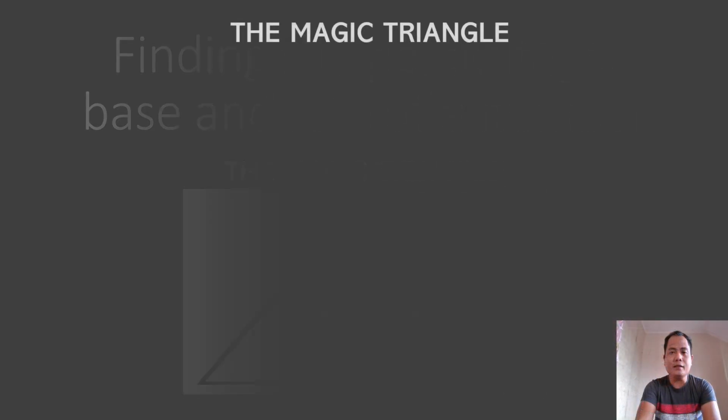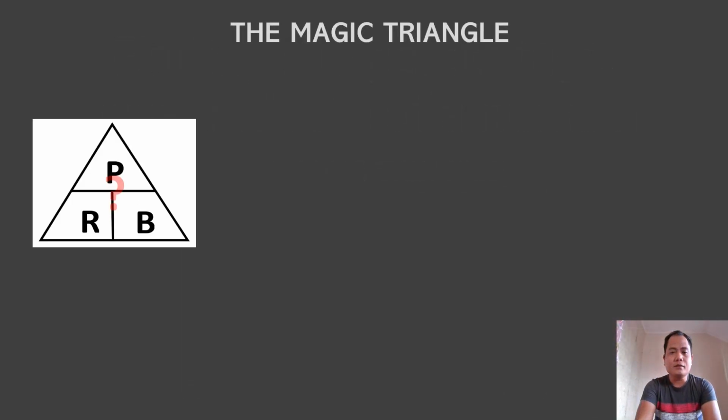Kapag nawawala yung percentage, let's see the P. So, makikita natin yung R and B ay nasa baba at magkatabi. So, meaning, we will use multiplication. So, P is equal to R times B. By the way, P stands for percentage, R stands for rate, and B stands for base.